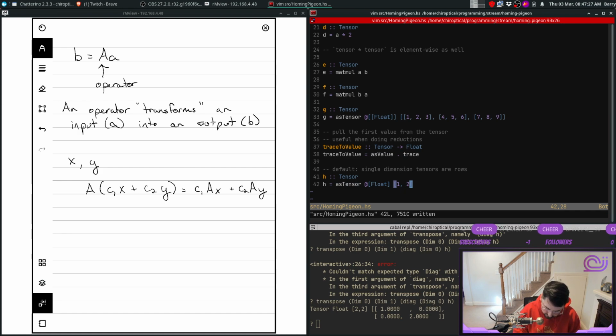So C1 and C2 are just numbers, whereas X and Y are vectors. Sometimes, depending on the context, like in physics, for example, you might see X written as this as well, which indicates that it's a vector, and that would make it easier to visualize this.